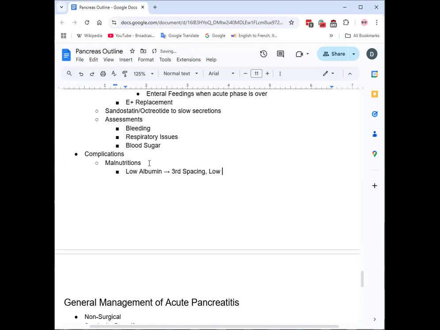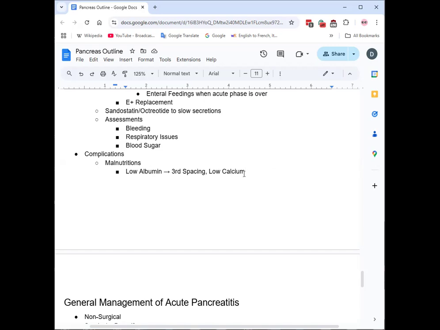You can have low serum calcium because albumin can affect your calcium levels, which is why there's that corrected calcium formula that you don't need to know, but it's a little thing there.